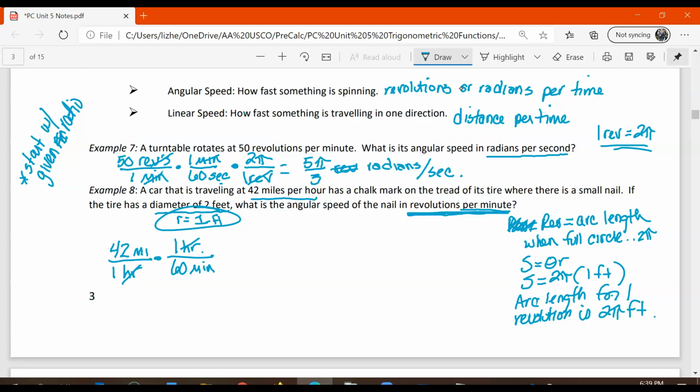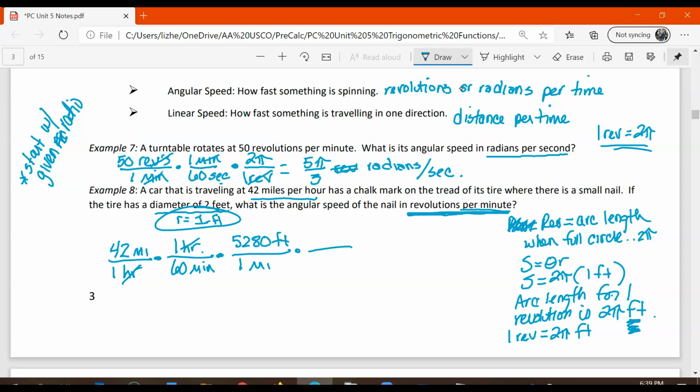So I'm going to use that fact, and I need to get to feet here, right? But what I have is 1 revolution equals 2 pi feet. That's another unit fraction I can use. But first we got to get from miles to feet. So hopefully you know that 1 mile has 5,280 feet.